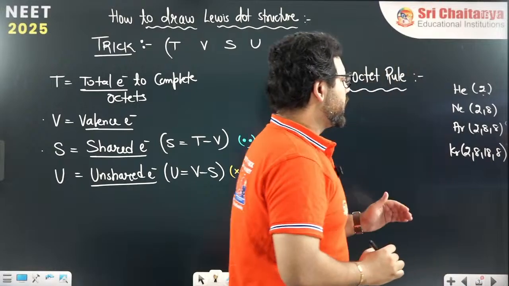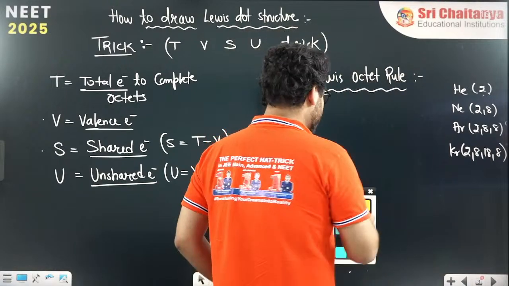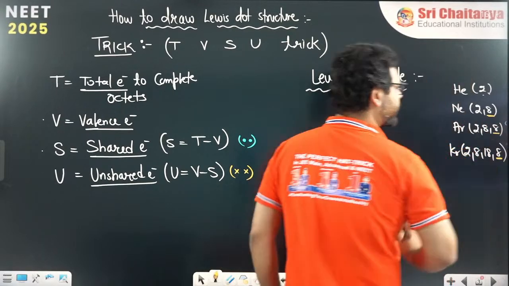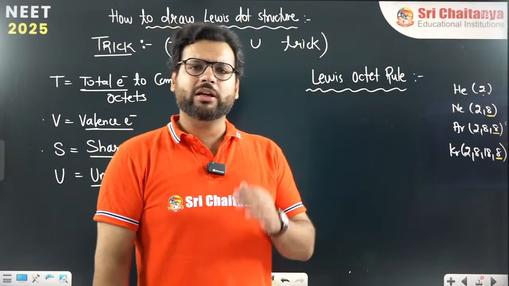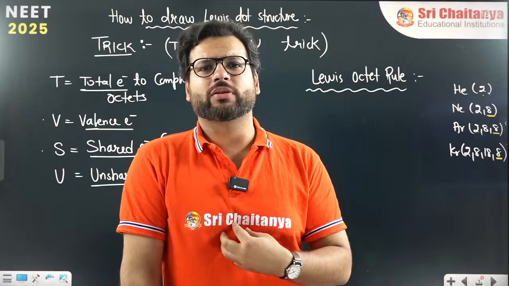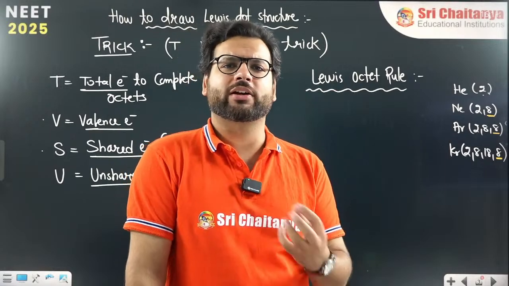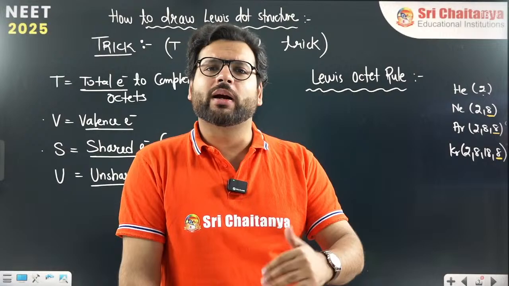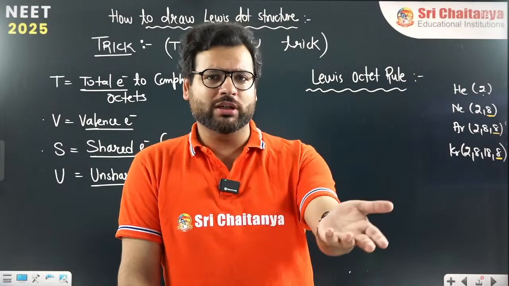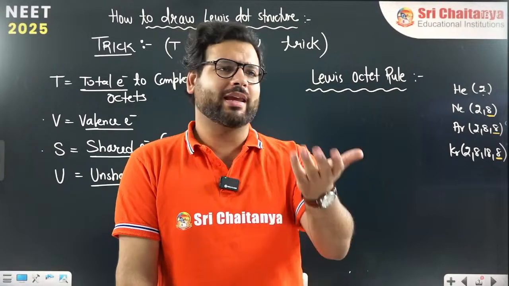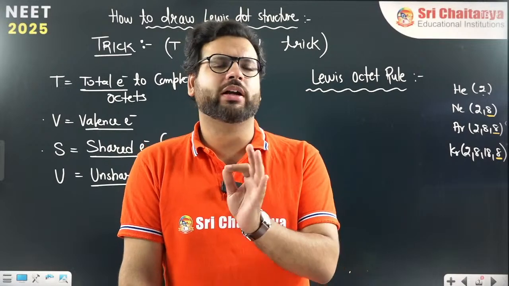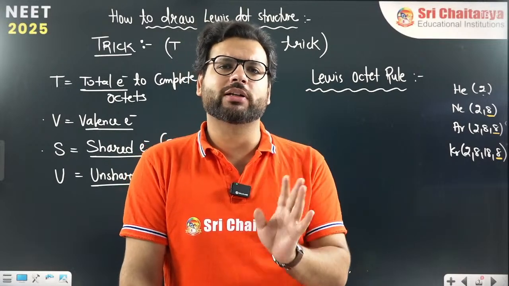So it was seen that the final valence shell of almost every noble gas had 8 electrons. Then Lewis thought that everybody wants to become a noble gas, so they also want 8 electrons in their outermost shell to become stable. That's why they either lose some electrons, gain some electrons, or share some electrons to get an octet configuration. That is called the Lewis octet rule.